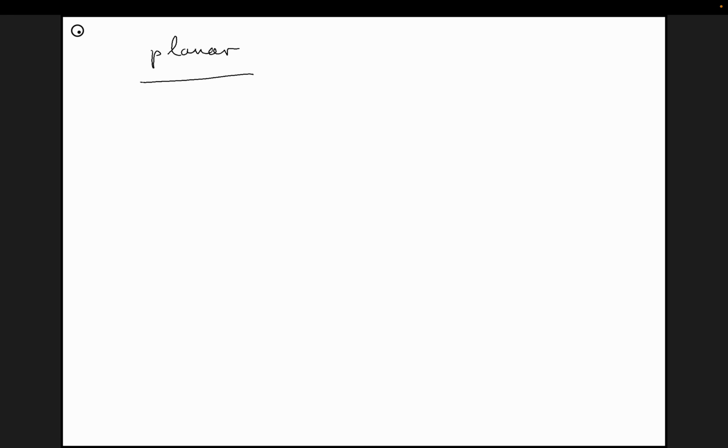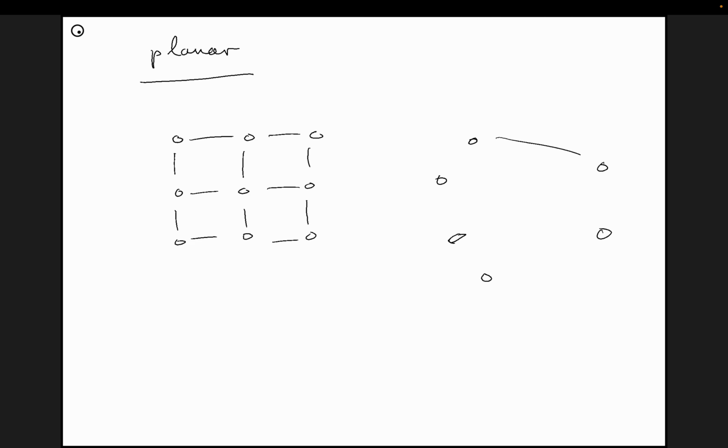A graph is called planar if it can be drawn in the plane in such a manner that all intersections of edges in the diagram are vertices of G. So, for example, this right here is a planar graph, but this right here is not a planar graph.